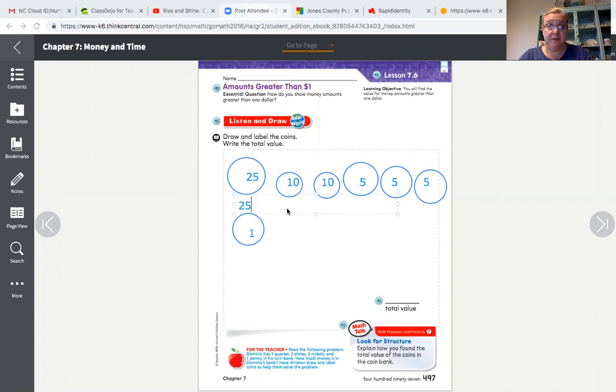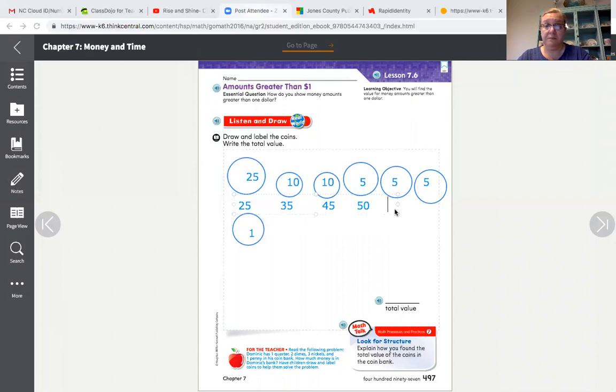I don't have a cent sign on my keyboard, but 25 plus 10 cents gives me 35 cents, plus another 10 cents is 45 cents. Now I'm going to skip count by my fives. 45 plus 5 gives me 50.